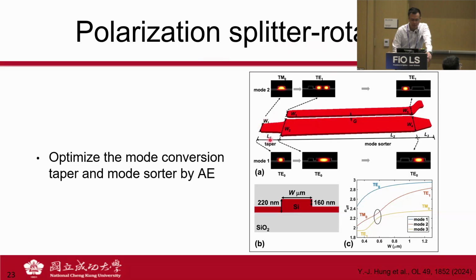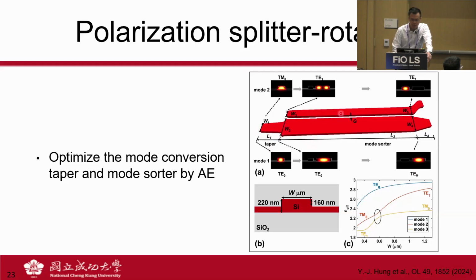In the first part, you have a taper because this waveguide has a vertical asymmetry, so you have mode hybridization. Then you can convert the input TM mode to the TE1 mode at the end of this taper, and the TE0 still stays in TE0.